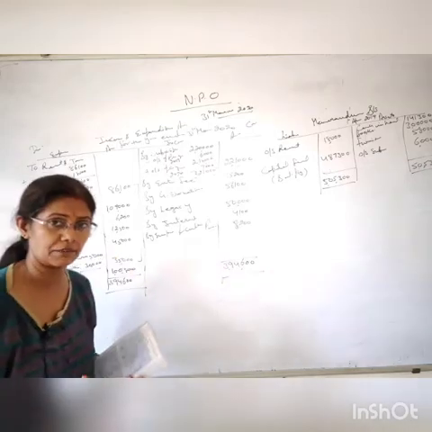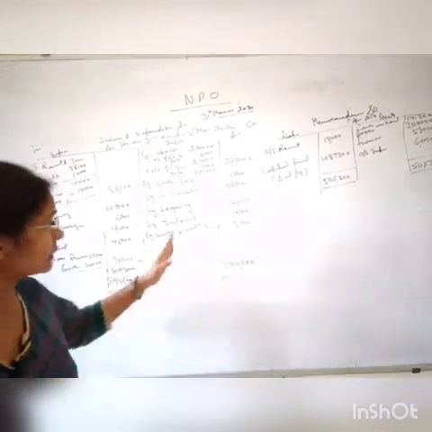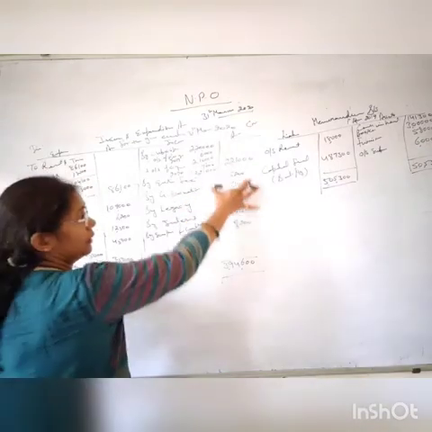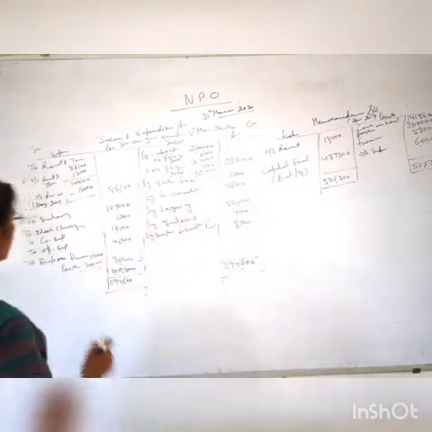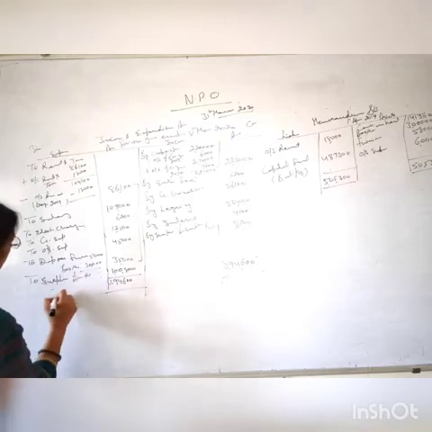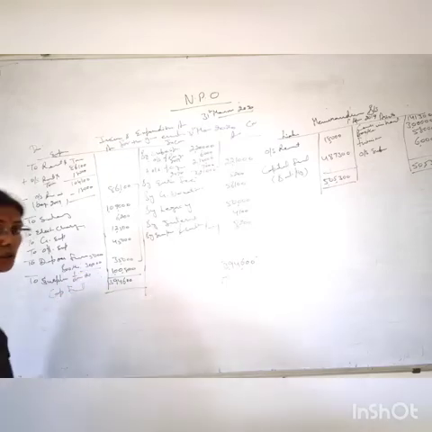This is your balancing figure, okay. As I have just explained, the income side is exceeding the expenditure side, so this is your surplus. Surplus is transferred to the capital fund of the balance sheet.